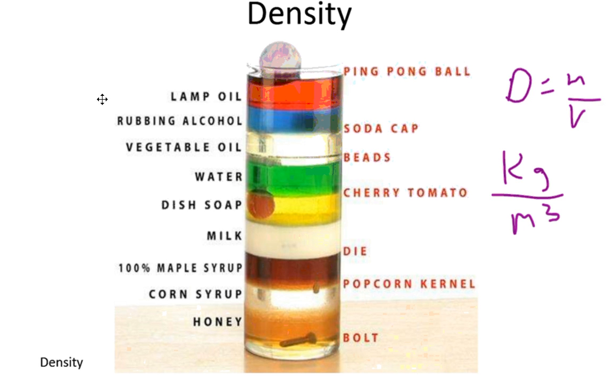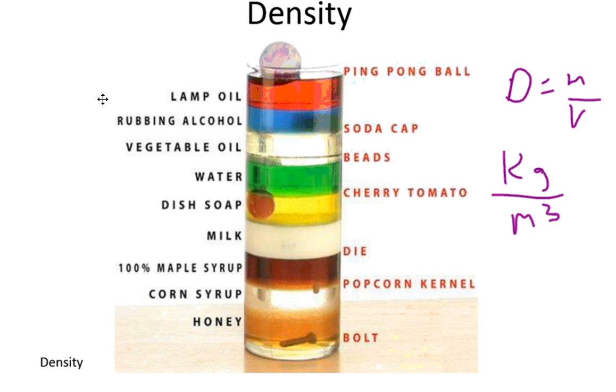Mass over volume. So this is the amount of something against its size. And so say, for instance, a marshmallow and a piece of steel of the same exact size. Which one is more dense? Of course, steel is. Even though they have the same size, there's a lot more steel inside that little thing than there is marshmallow inside that marshmallow.